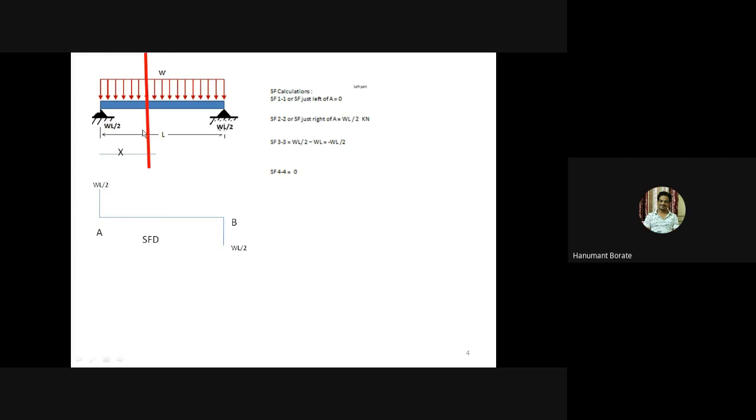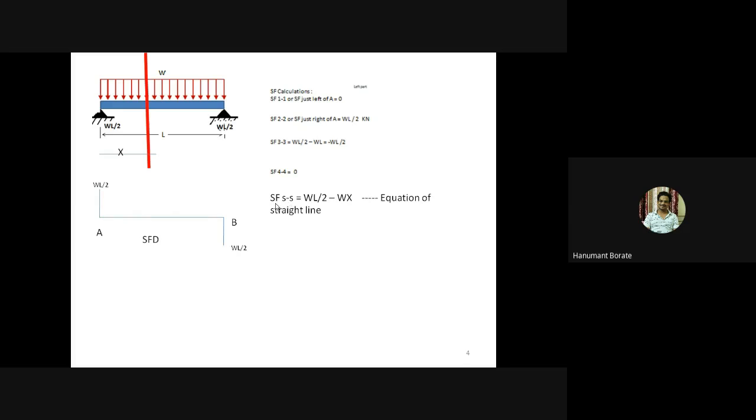So to check the nature, we have taken section SS at a distance x. So here you can see at section SS, the SF equation will be WL by 2, this WL by 2, and this partial UDL W into x, so minus W into x. This WL by 2 is a constant, and because this x varies from 0 to L, this is variable.